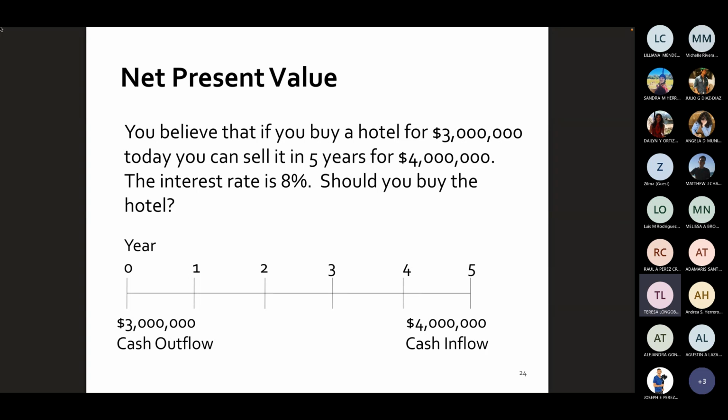That you can. The interest rate is 8%. So that's the rate that you're willing to trade off $1 today for. Should you buy the hotel? So we're going to explore what's called the net present value rule, but using your intuition and what we've discussed so far, how would you answer this?